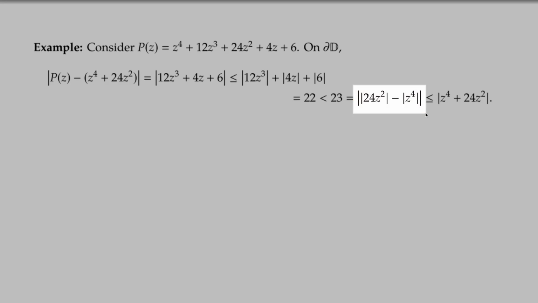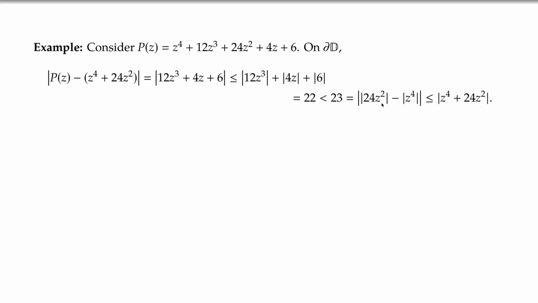The modulus of 24 z squared, because we're on the unit circle, is just 24, minus the modulus of z to the fourth, and again that's just 1. So this is 23.